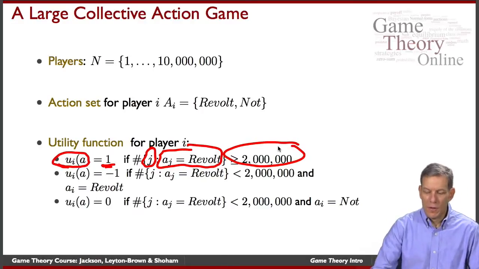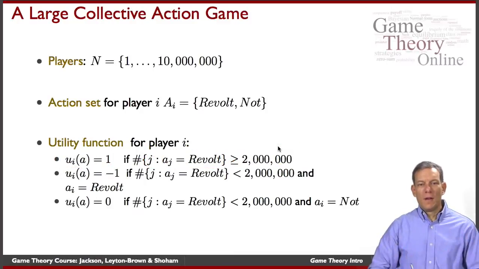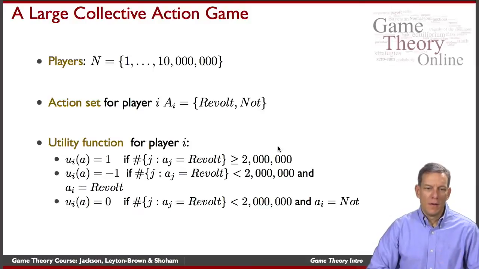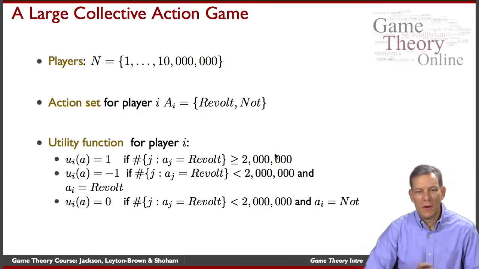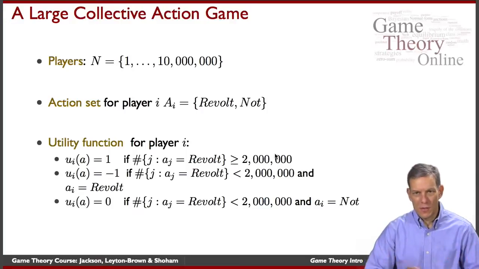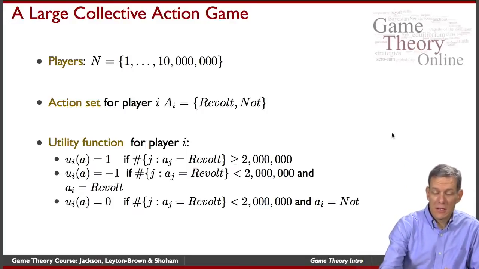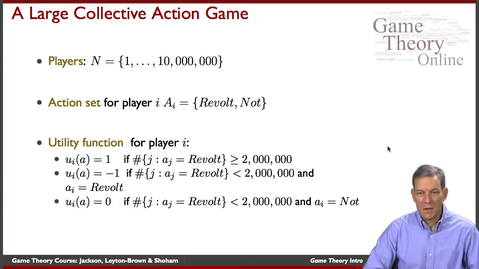So if we end up with at least 2 million people revolting, then player i gets 1. And note here that this is true regardless of whether i is one of the revolt participants. So this is a game where you care about the end outcome, not necessarily getting utility out of the participation.